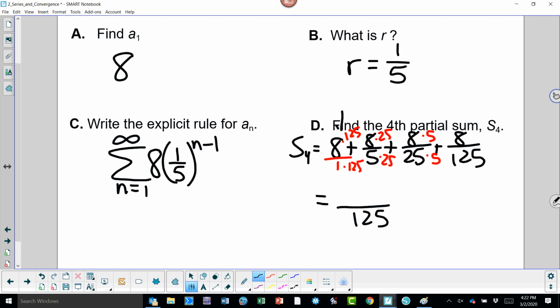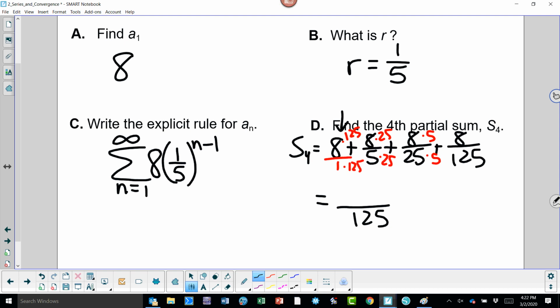Well, 8 times 125. A quick way to do that multiplication in your head is 8 times 100, so that's 800, plus 8 times 25. Well, 8 times 25, if you had money, you have 8 quarters, you have $2. So that's 200.